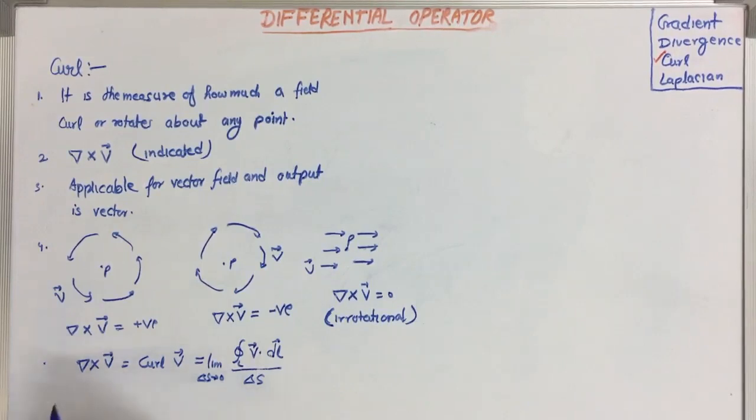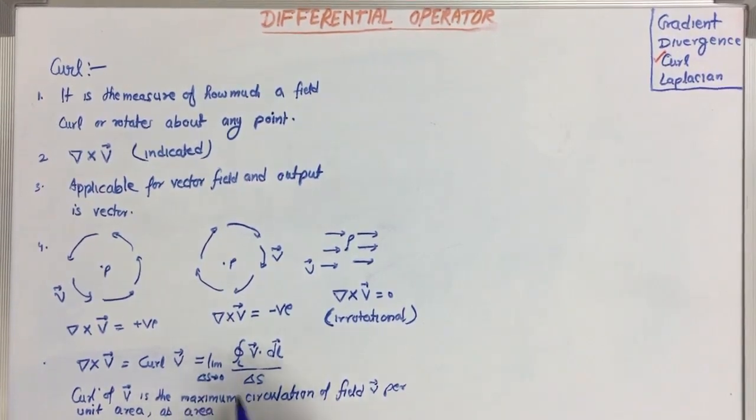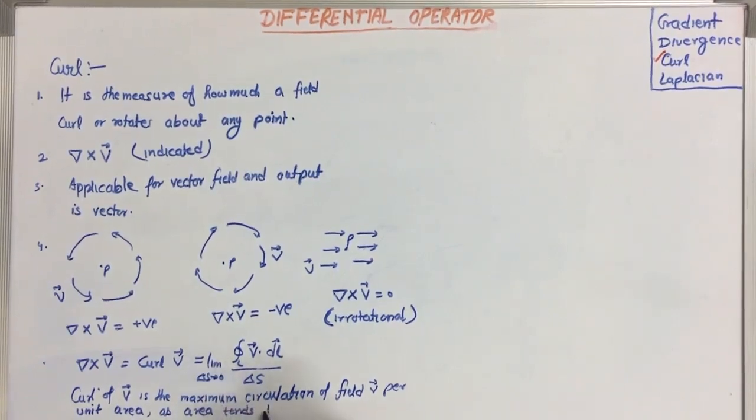Now if we want to write it in statement form, then we can say the curl of field V is the maximum circulation of field per unit area as area tends to 0.